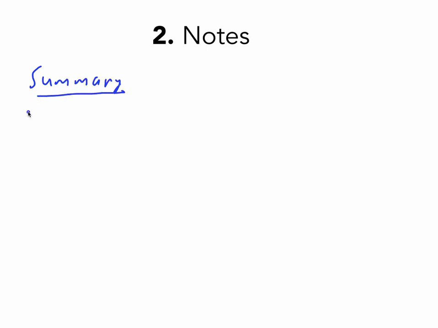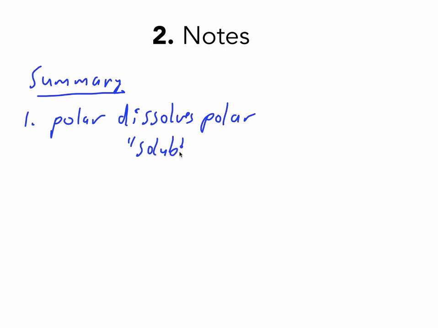So the first thing for you to remember is polar substances dissolve other polar substances. So polar dissolves polar. Meaning the substances that have dipole-dipole intermolecular forces will dissolve substances that have dipole-dipole intermolecular forces. And when I say dissolve, what I mean is it's really soluble in it.